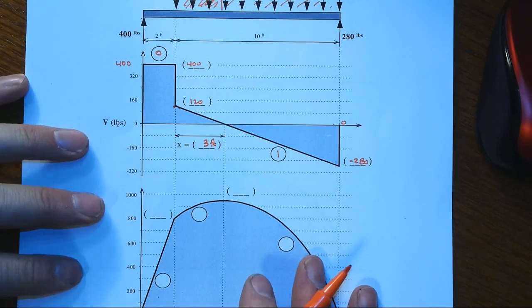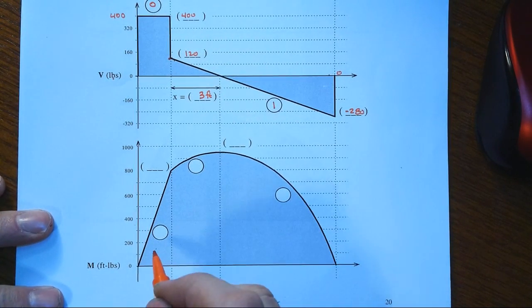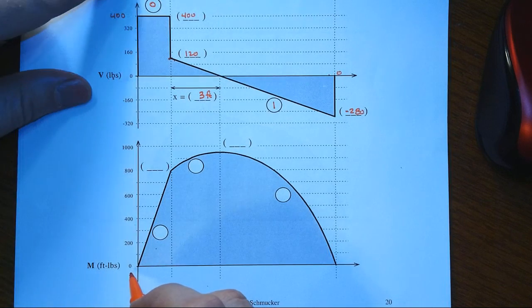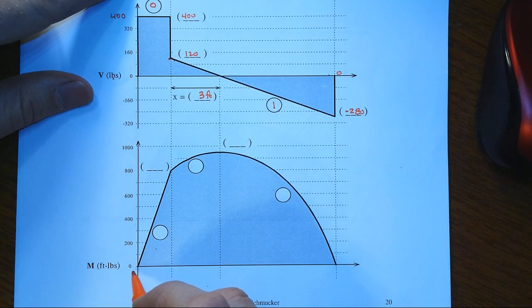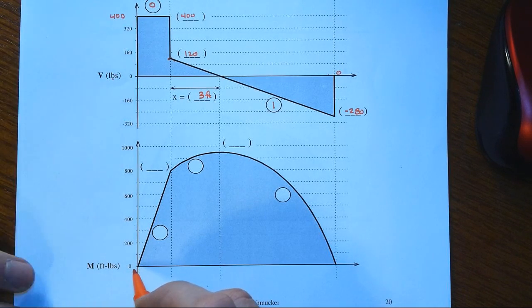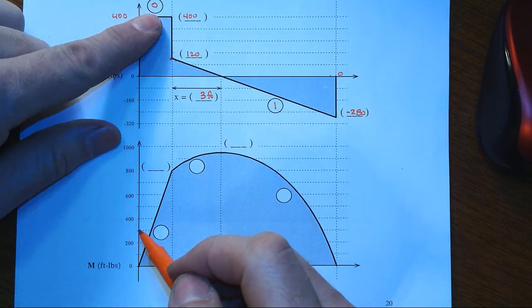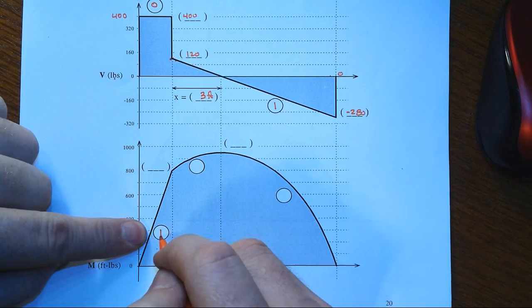Then next up is the moment diagram. Note here, we start off at 0. We have no applied couple. The slope of the moment diagram, dM/dx, is given to us by the value of the shear, which is a positive 400 pound-feet per foot. And so we're going to integrate a constant to get to a first order.